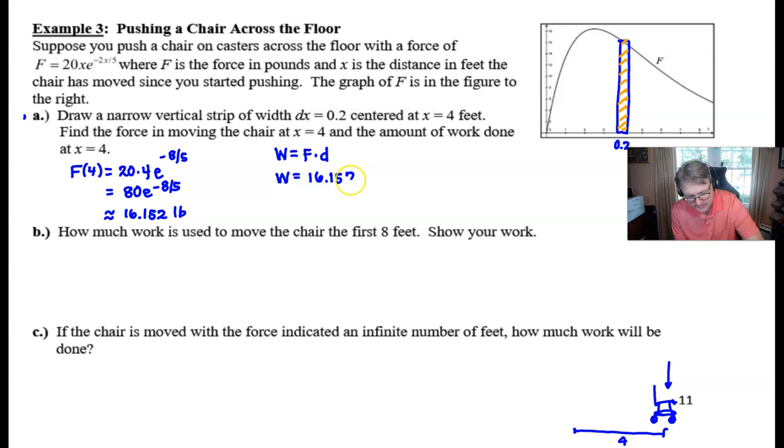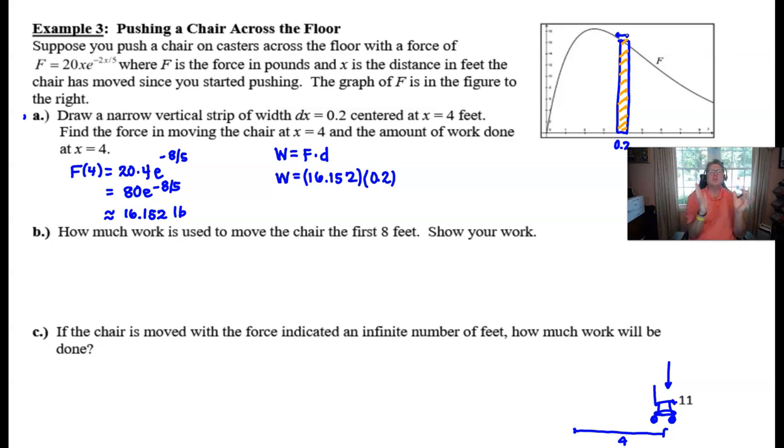That's not under any debate. The distance that we're applying this force is manifested in this dx, that 0.2 feet that they've asked us to consider. So if we want to continue to move this chair for just a wee bit of time around 4, we're going to use that 0.2.